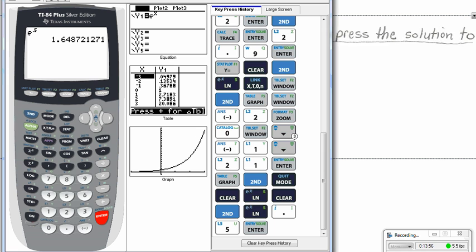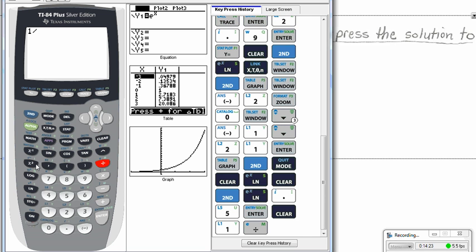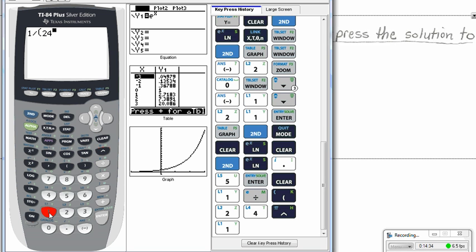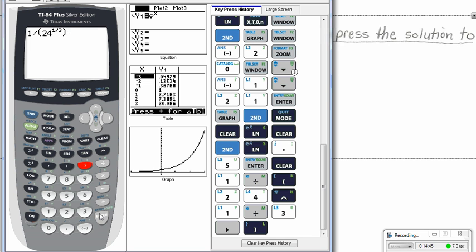So to calculate that, here 1 over cube root, I'm going to put down 24 to the 1/3 power. Then we realize that it was 0.346.